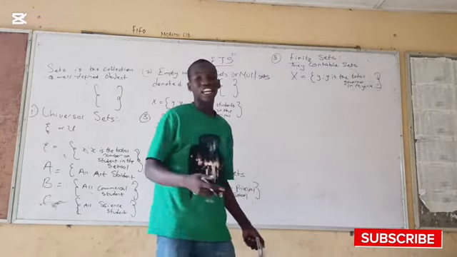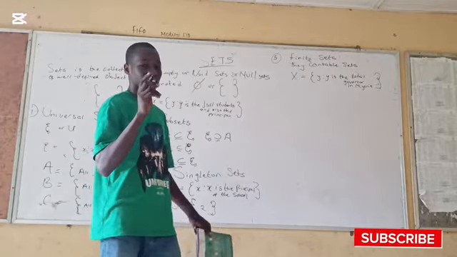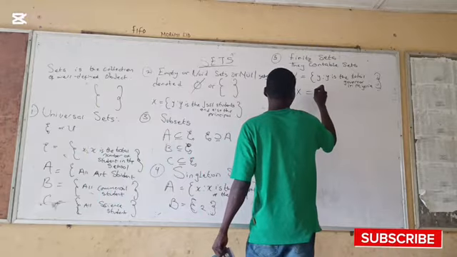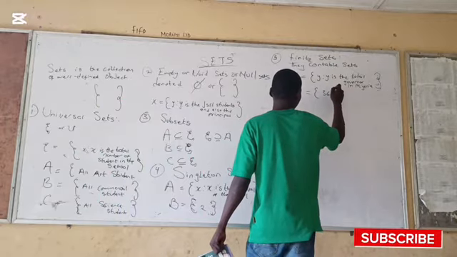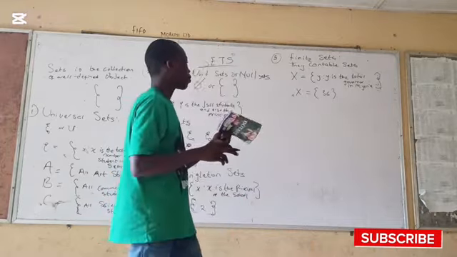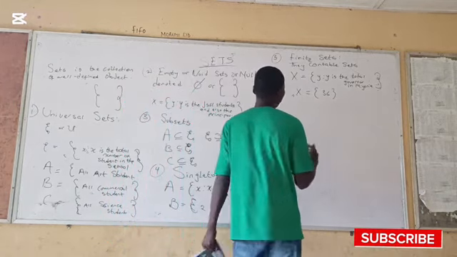Don't forget, you can easily count the number of governors in Nigeria since you have 36 states. Therefore, we are going to have 36 governors. And the answer is F equals {36}. So this is called a finite set. So you can count the number of elements. It is a countable set.